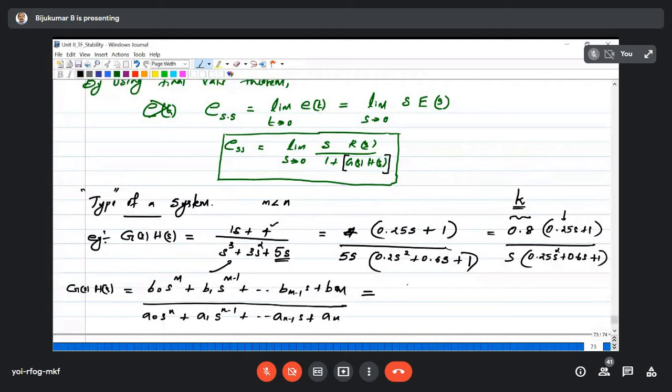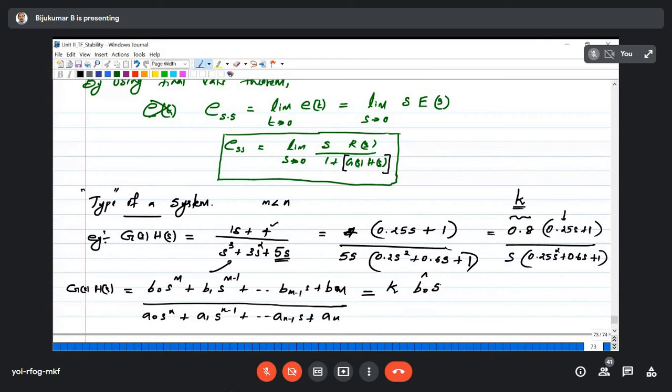One gain will be sitting outside, right? So in general I can write that gain as K, and whatever coefficients also will change, right? Previously it was b naught. Now if I convert to this form, the coefficients also will change. So I can write it as b naught cap s raised to m.